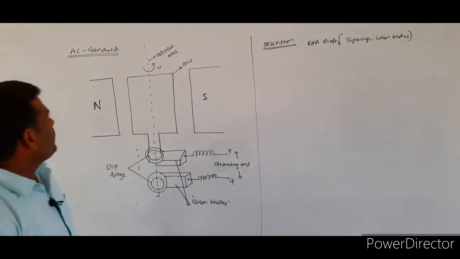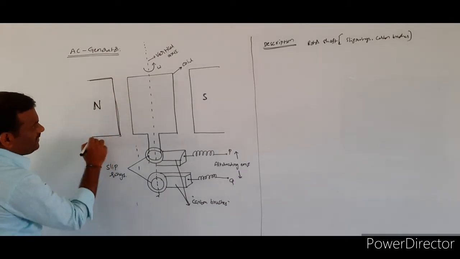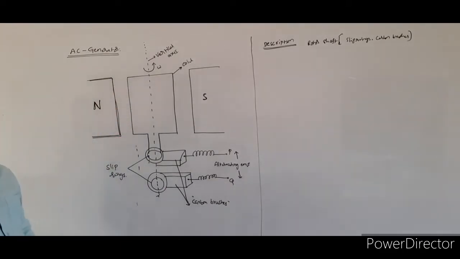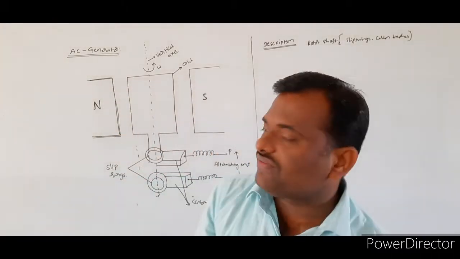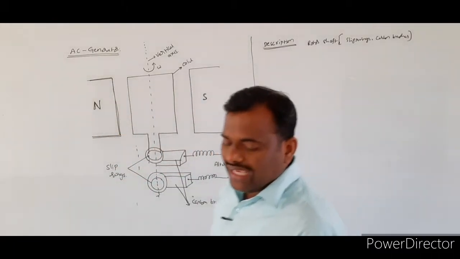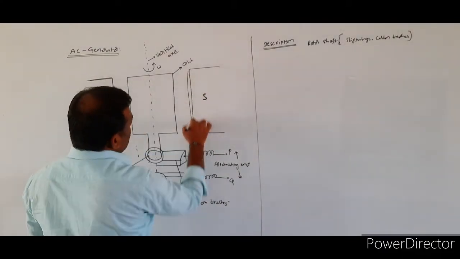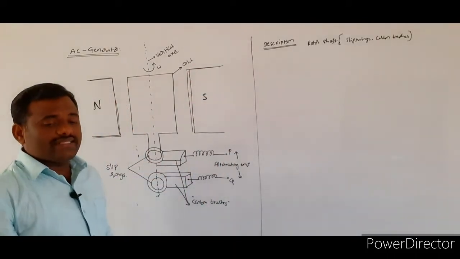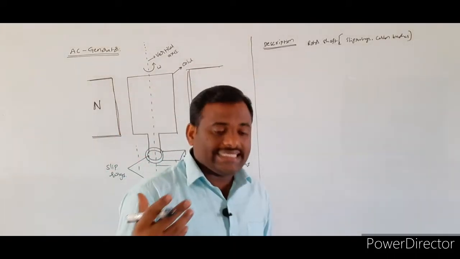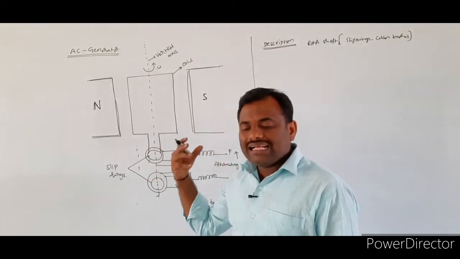See here. So here the AC generator is consisting of some of the basic elements. So this is the construction of the AC generator. Here in the AC generator, we are considering two strong electromagnets. What we consider here? A strong magnetic south pole as well as a strong magnetic north pole will be considered.